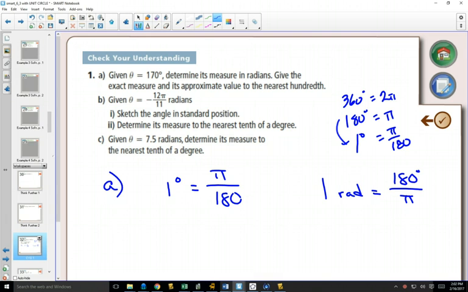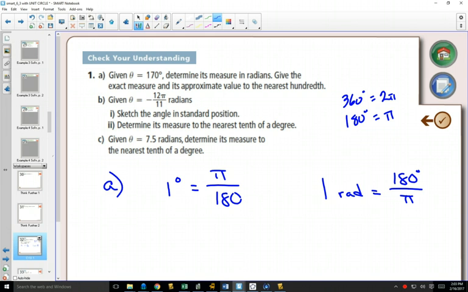If I want to get down to 1 for radians, then I would have to divide by pi. And so you can use just the idea that there are 2 pi radians in a circle to do that.